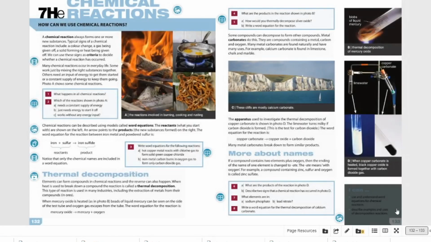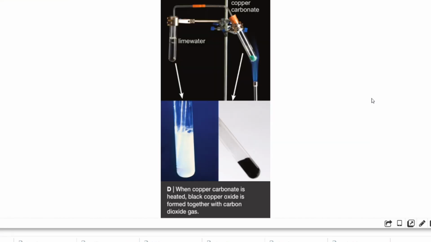So what's the most famous example of this reaction that you will need to know? Well, anything in chemistry that ends in the term carbonate is going to be a likely candidate for a thermal decomposition reaction. In this example, we've got copper carbonate, but you could pretty much put the name of any metal in front of that. We could have lithium carbonate, calcium carbonate, potassium carbonate. I think you get the idea.